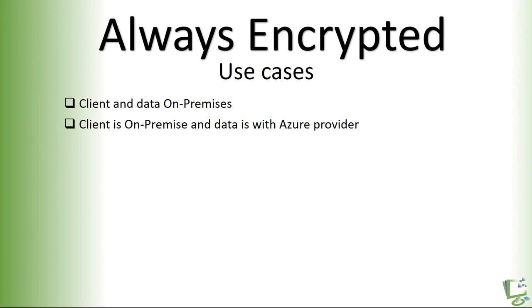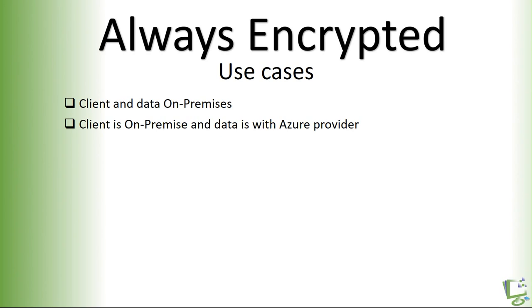Another business case can be when a customer has on-premise application hosting but the data hosting is with an Azure provider. In this case, if the customer deals with sensitive data and information and does not want to display it to the Azure data provider, then the Always Encrypted feature will be helpful, as once again the data will remain encrypted with the Azure provider, and the Azure provider does not have any key to decrypt that data.